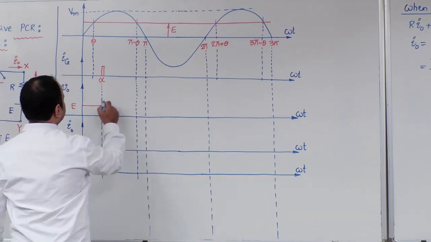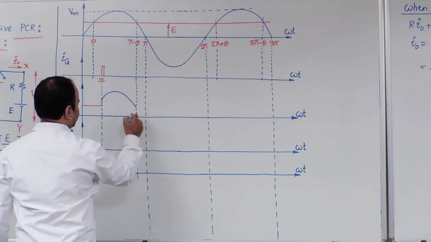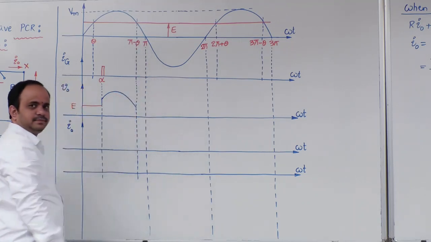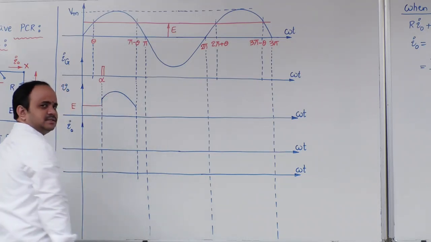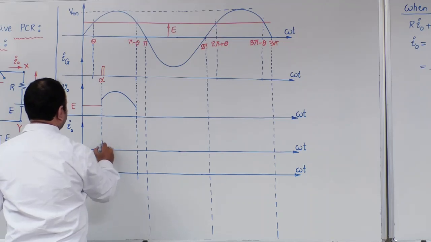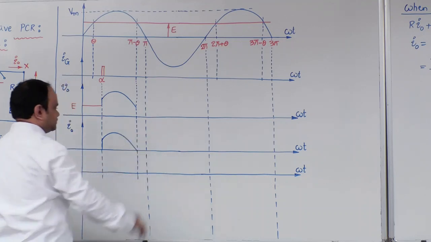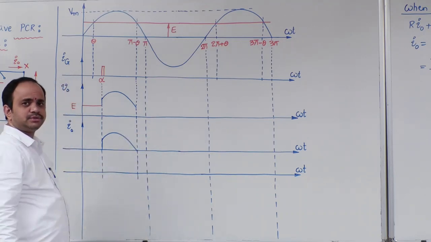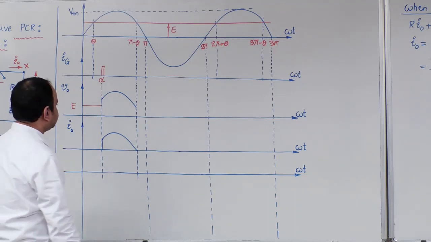From alpha to the instant where SCR current is 0, that is at pi minus theta, output voltage will be the same as the source voltage, and in that interval, output current will follow output voltage. For R and E loads, output current will simply follow output voltage.